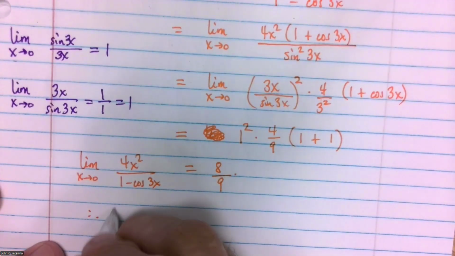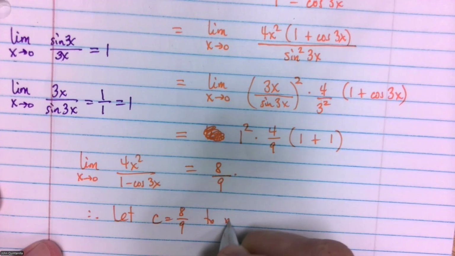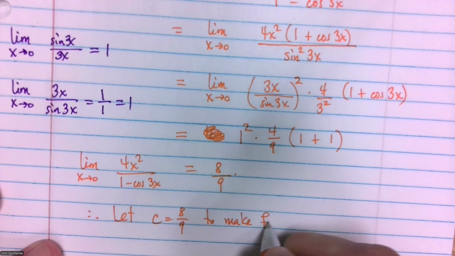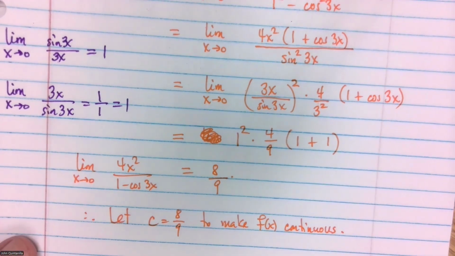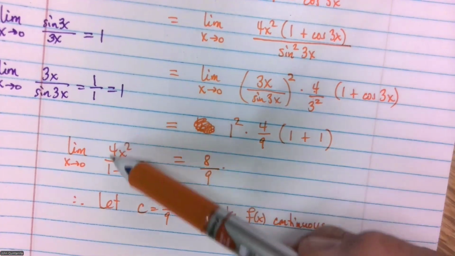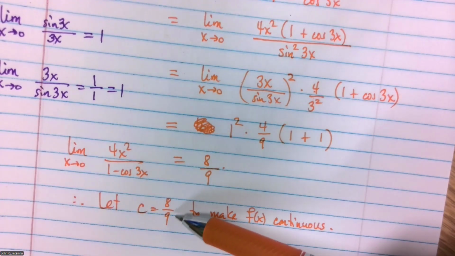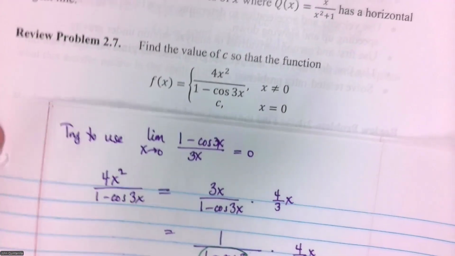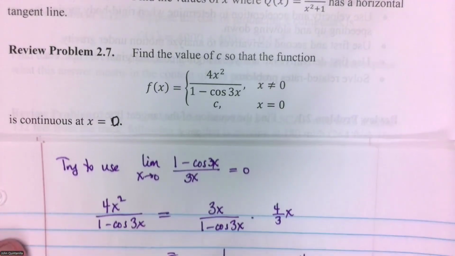And so therefore, let c be equal to 8/9 to make f of x continuous, and that will fix the whole discontinuity. So I'm not allowed to plug in 0 into this function right here, but the limit is equal to 8/9. If I go back to the original statement of the problem, find the value of c such that this function is continuous at 0.